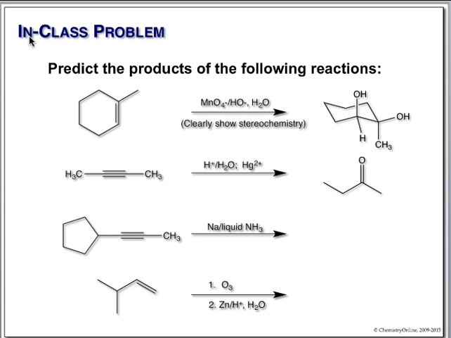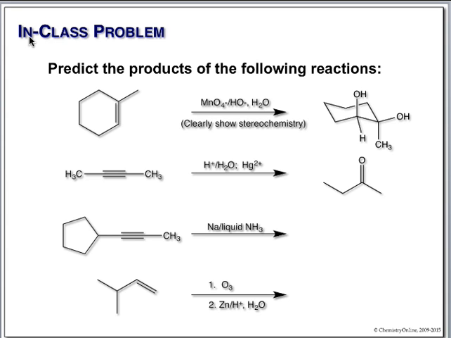Our next reaction here, we have sodium in liquid ammonia. Now, when it's written like this, we are talking about sodium actively dissolving in liquid ammonia. So it's fizzy. That is a radical process. We're going to generate hydrogen radicals. The triple bond is therefore going to be reduced.